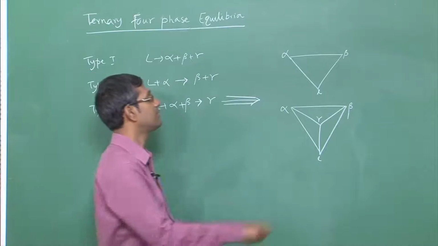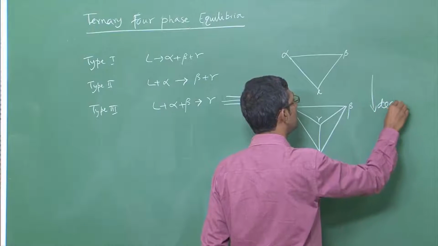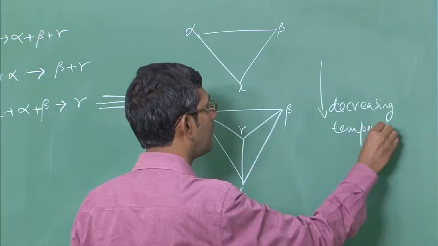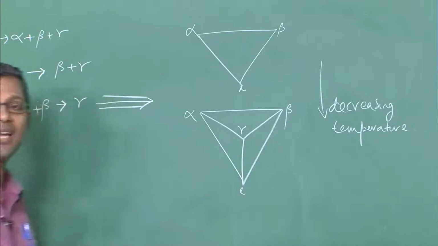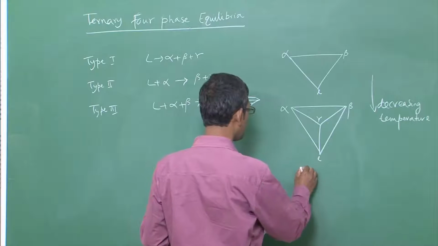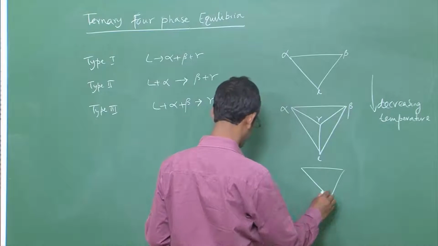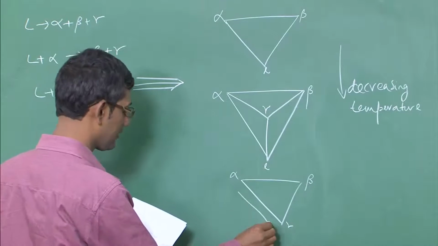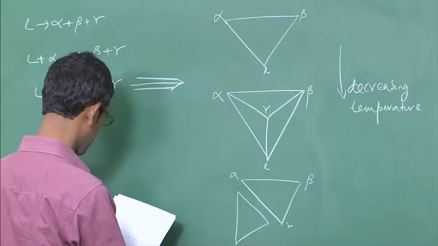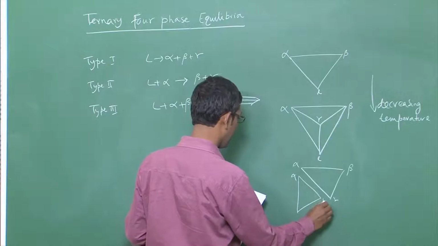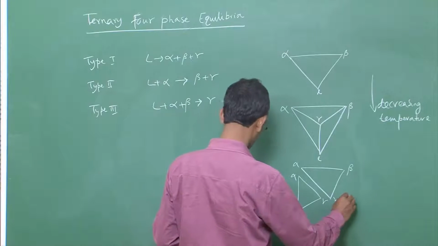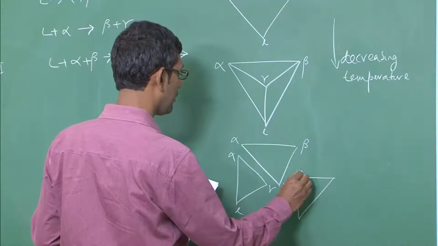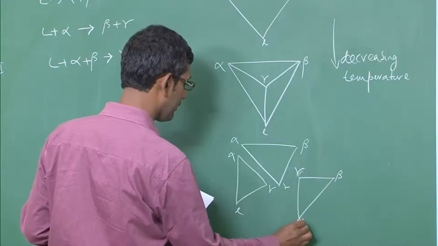Now, this is decreasing temperature, obviously. How does the exit happen? The exit will consist of 3 3-phase equilibria. The first one is alpha, beta, gamma, the second one is alpha, gamma, liquid, and the third one is gamma, beta, liquid.